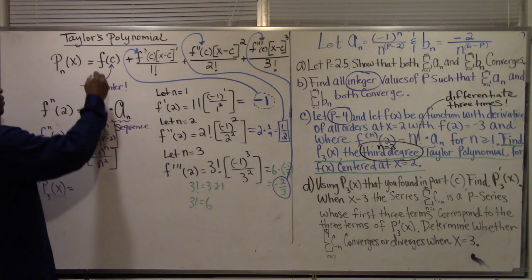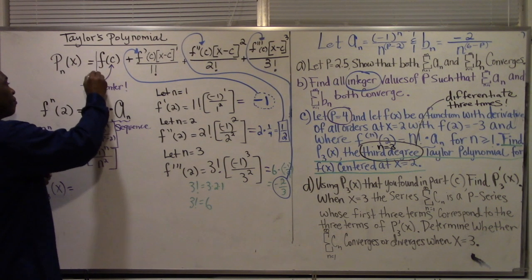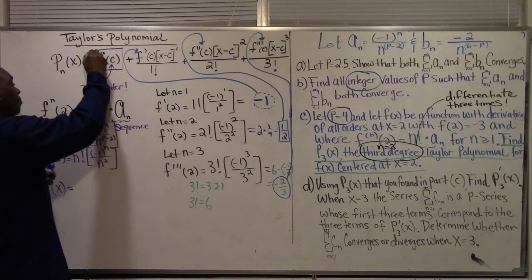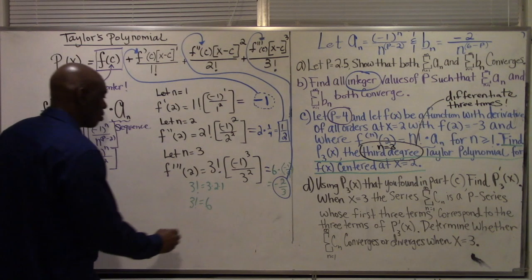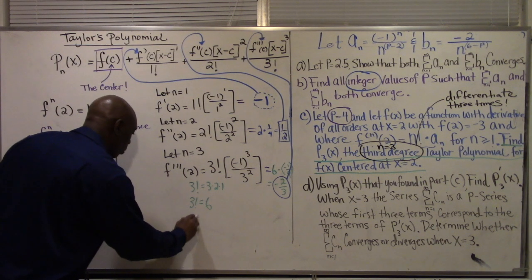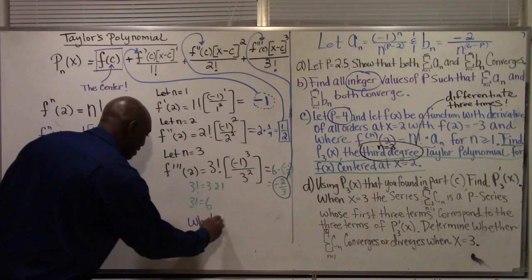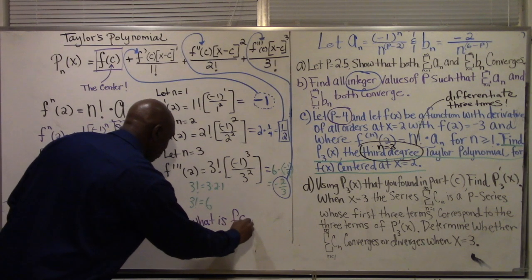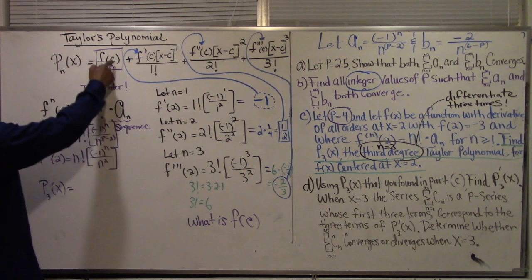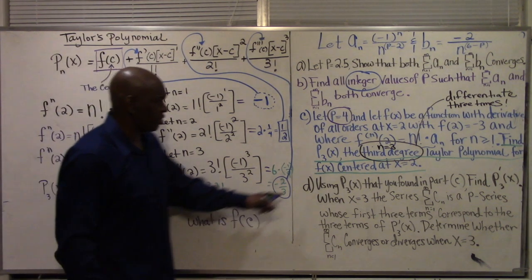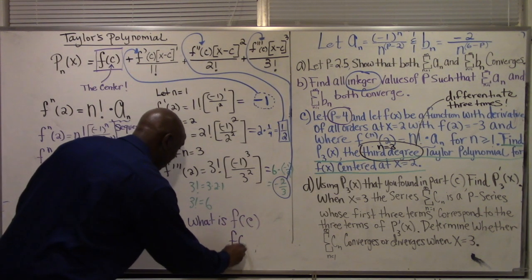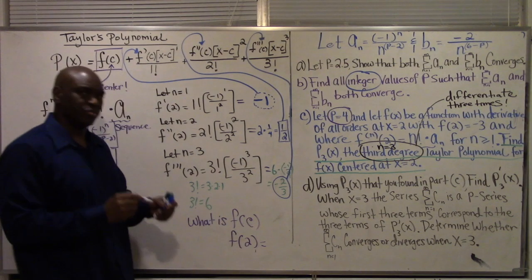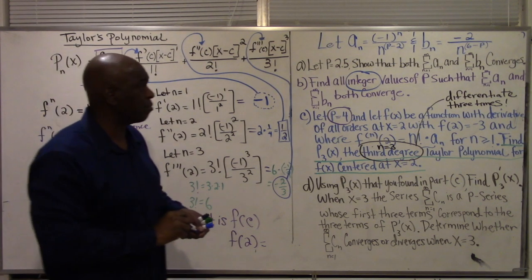What is f of the center? That's the question. What is f of c, since c is the center? The center, they said, is 2. So what is f of 2? Do you see it up there? They give it to you.